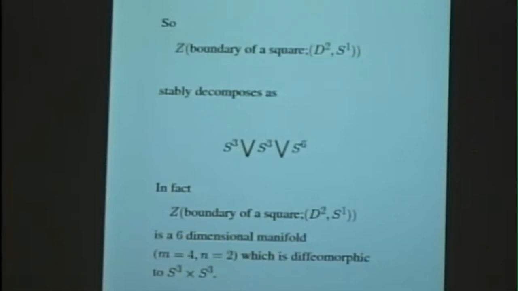Similarly, I get a 3-sphere for {2,4}. And for the entire {1,2,3,4}, the geometric realization is a circle, and I now have 4 copies of the circle. That gives me the 6-sphere. So at the end of the day, the decomposition plus the wedge lemma give me a wedge of S3 with S3 with S6. Now Z, the moment-angle complex for the boundary of a square, D2, S1, I had mentioned was a manifold. If you put in the numbers, it's a 6-manifold. It's S3 cross S3, and the stable decomposition is the usual decomposition of that product in terms of that wedge.